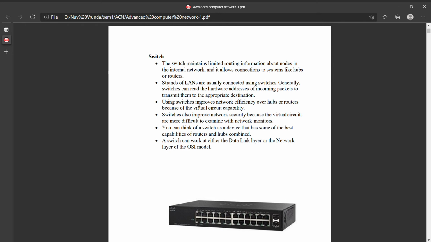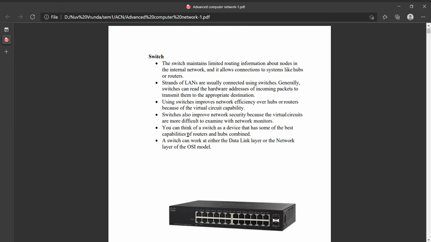Using a switch improves network efficiency over hubs or routers because of its virtual circuit capability. Using a switch we can also improve the capacity. So we can say that hub and switch are similar, but still a hub amplifies the signal and a switch cannot amplify the signal. Switches also improve network security, because virtual circuits are more difficult to examine with network monitors.